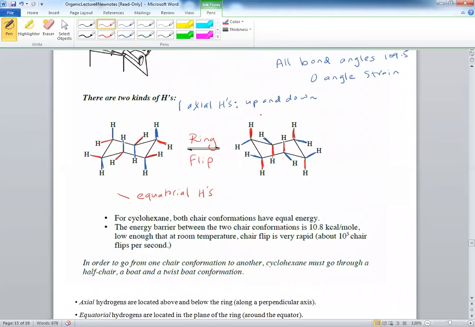So let me just again write down here that in the chair flip, the axial becomes equatorial, and equatorial becomes axial.